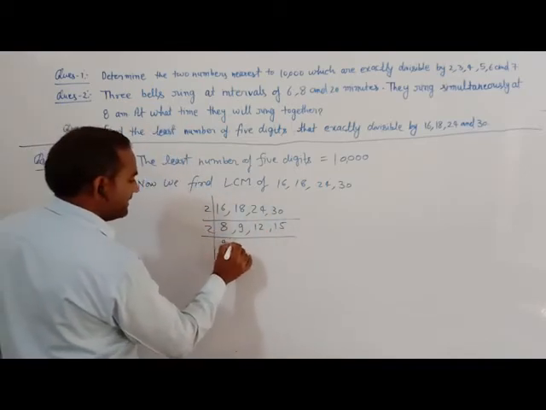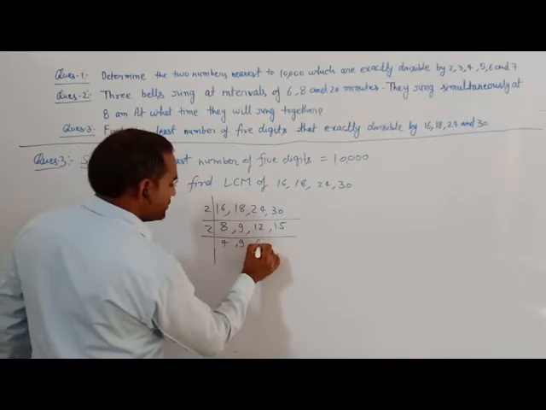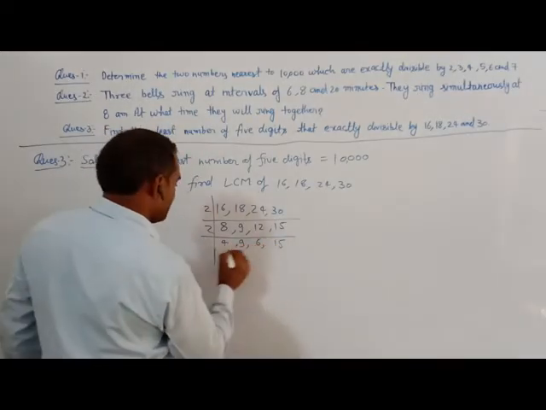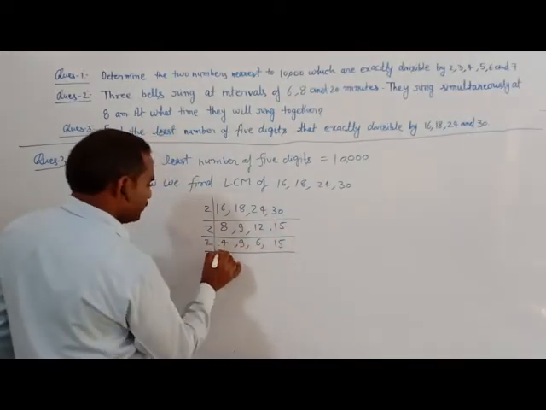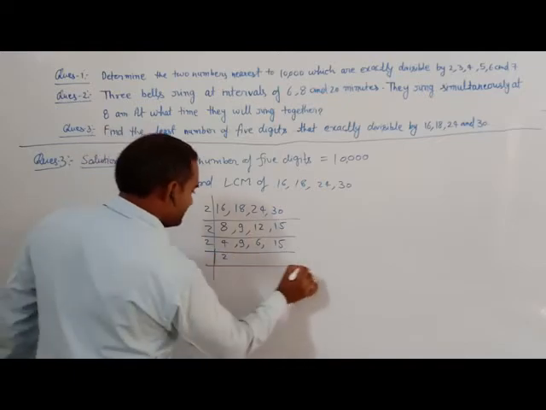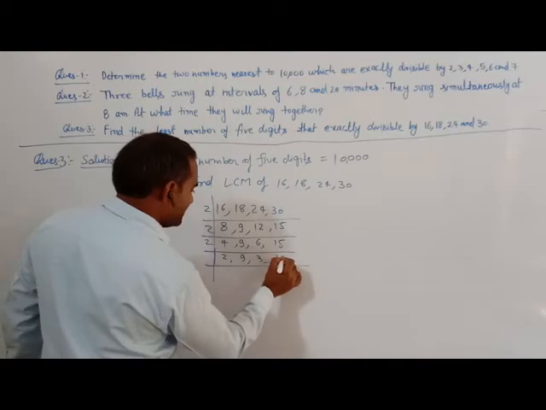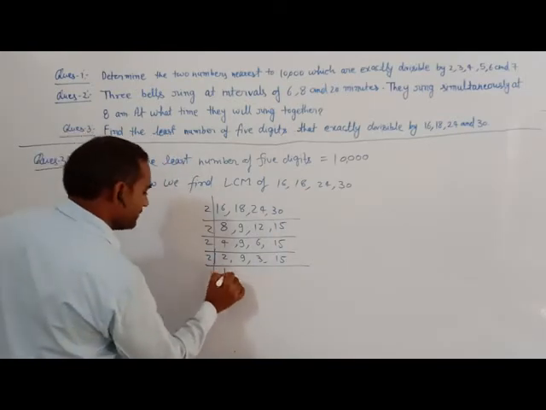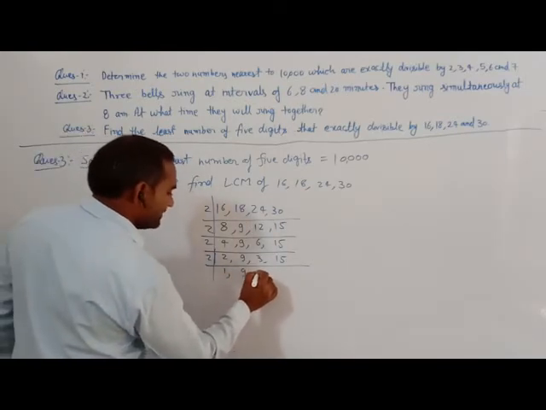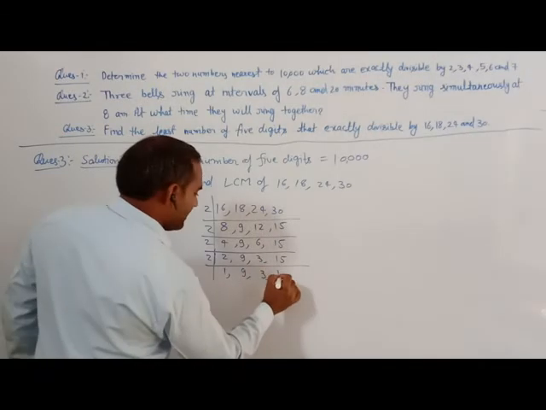2 4s are 8, 9 is not divisible, 2 6s are 12, 15 is not divisible. So we get 4, 9, 6, 15. Again 2 2s are 4, 9 is not divisible, 2 3s are 6, and 15 is also not divisible. So 2, 9, 3, 15.